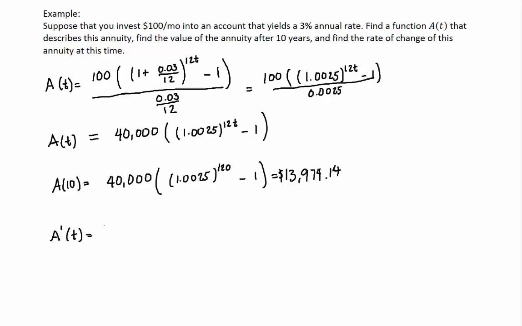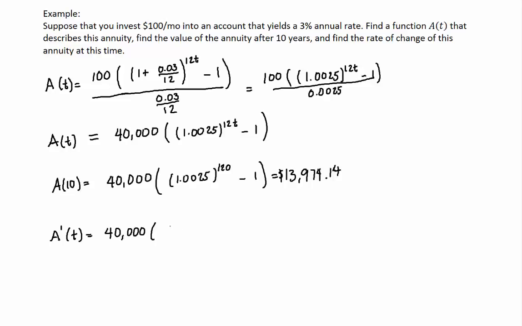So let's calculate it here. The derivative of A of t would be, well, copy this constant, and you have to multiply times the derivative of this expression. Well, this expression is just one of the form a to the u, or a to a function of x, so we have to take the derivative using the formulas we did before.